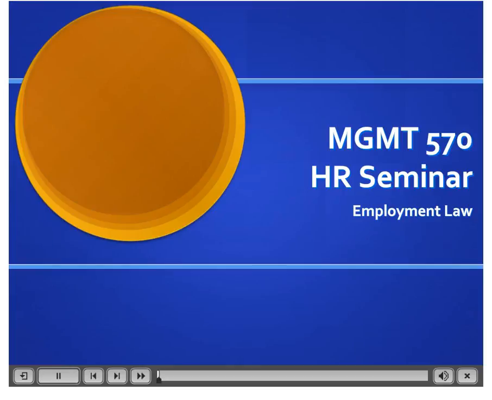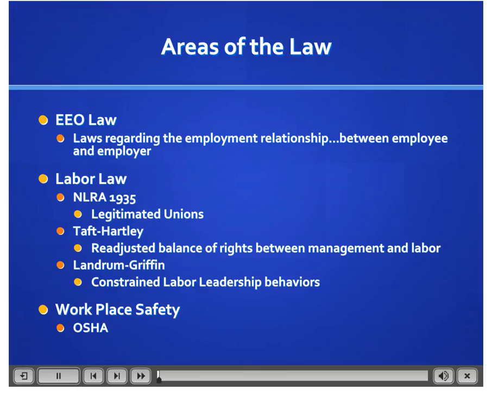So we'll go through the laws and we'll talk about any questions you have about them in class. There are three general areas of employment law that we'll be dealing with. The first is equal employment law. The second is labor law, dealing with how to manage unions, how to handle the day-to-day with unions. And then lastly, workplace safety law.